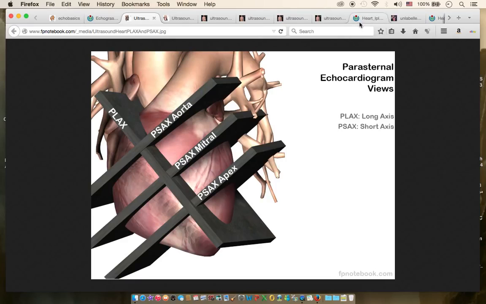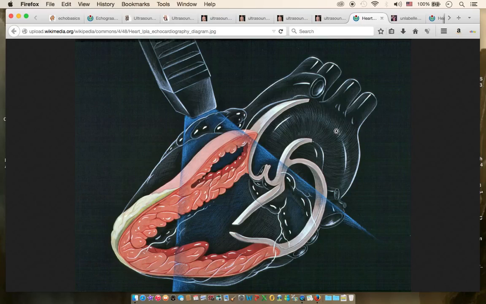Once you cut the heart in the parasternal longitudinal view, you see the left ventricle, which is very important, the right atrium, and the left atrium. This is the mitral valve with its anterior leaflet and posterior leaflet, this is the right coronary cusp and the non-coronary cusp of the aortic valve, and this is the ascending aorta.